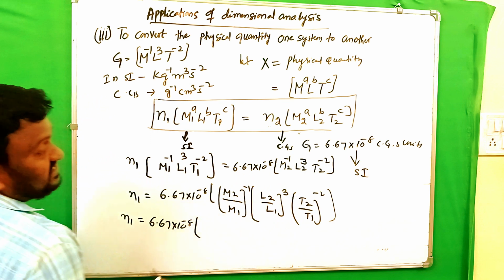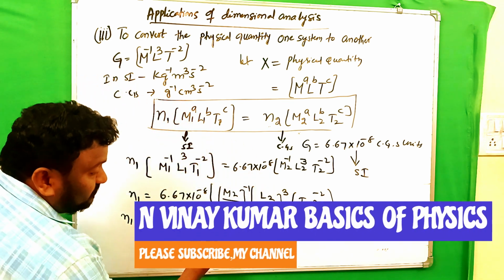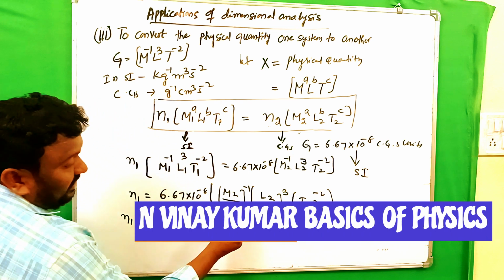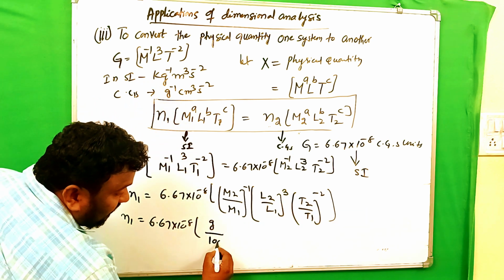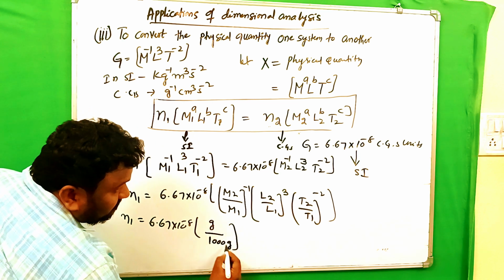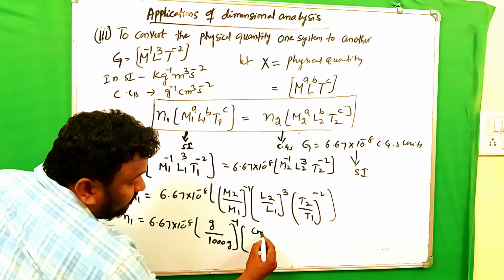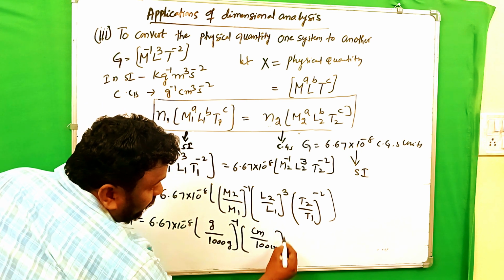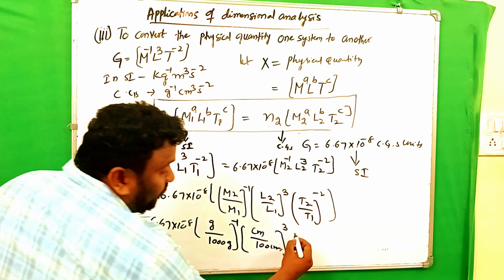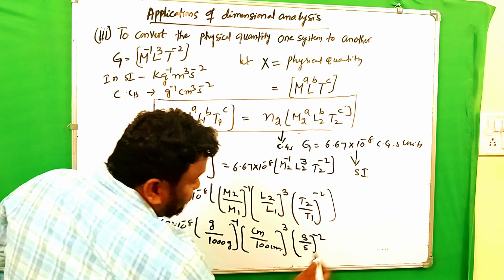M2 is the CGS unit, mass, gram, so gram by M1, which is kg. That's why we have to convert it into grams: 1000 gram all to the power of minus 1. L2 is centimeter and L1 is meter, that is 100 centimeters all cube. And T2 second by second all to the power of minus 2.